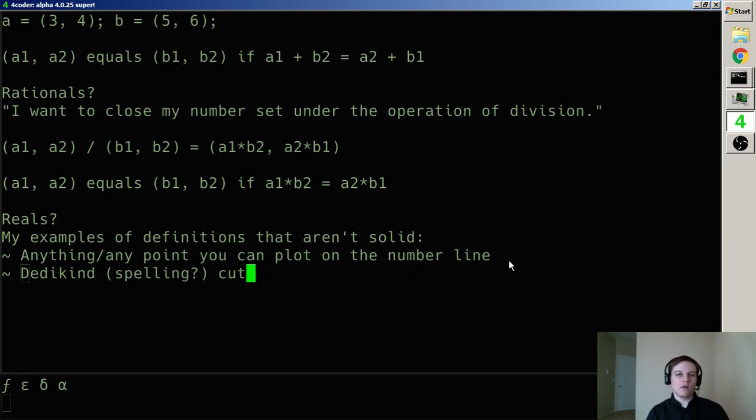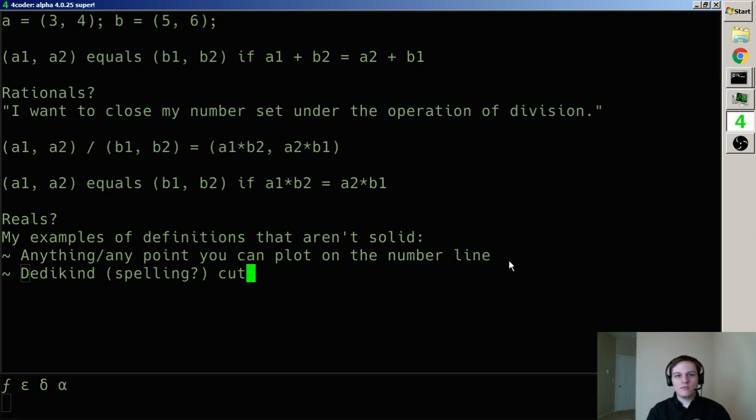And one real number is less than another if its set is a subset of the other's, but not vice versa. That gives some kind of ordering on them.